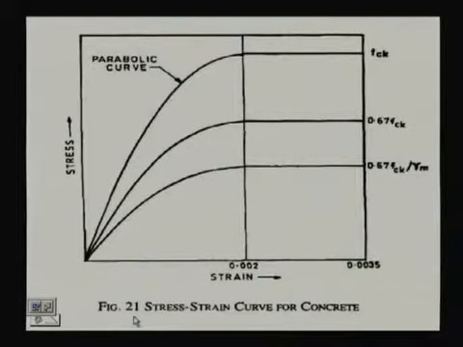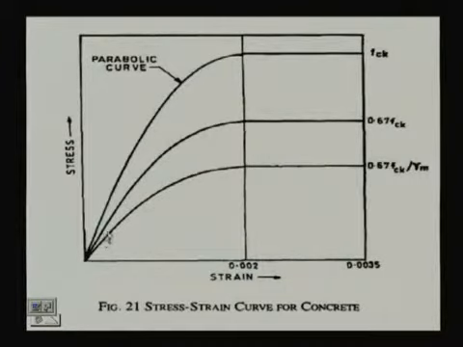Gamma m for concrete we consider 1.5, and gamma m for steel we take 1.15, which is justified because steel is manufactured in a workshop in a controlled environment, so obviously we can take less, whereas concrete is made in the field itself, so we take a little bit higher, 1.5. That curve you will get in figure 21 of IS 456 for your reference.